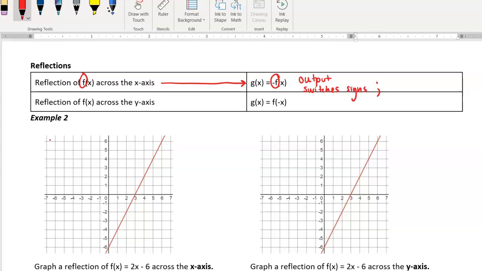The result is that it's going to be a vertical flip. That means it's going to be flipped vertically.